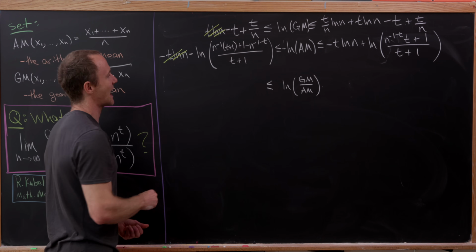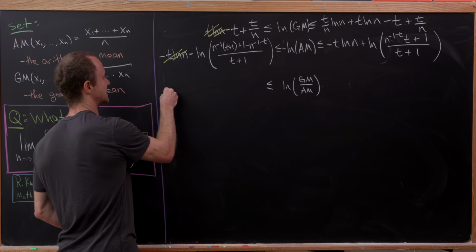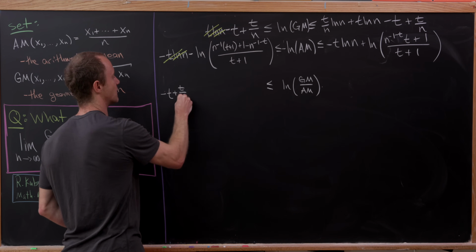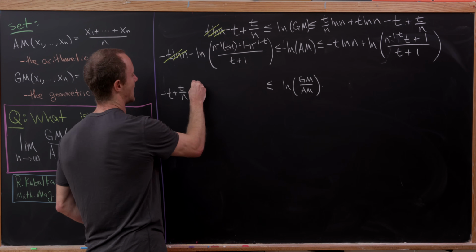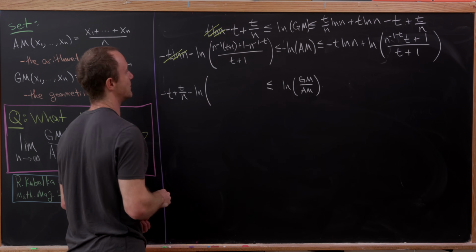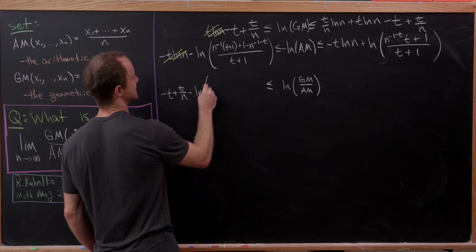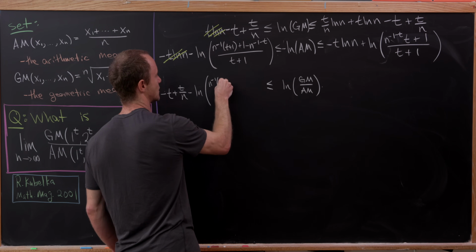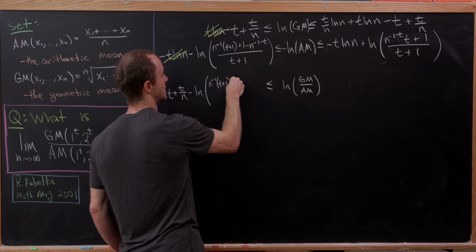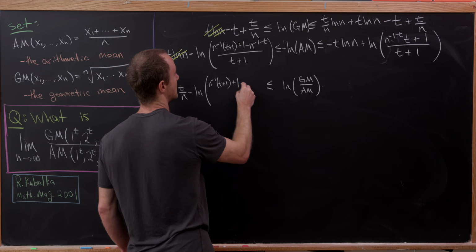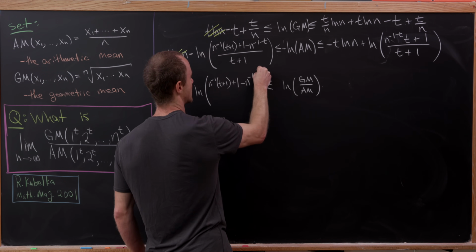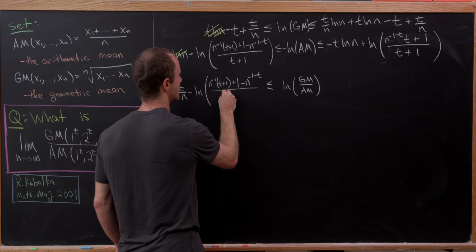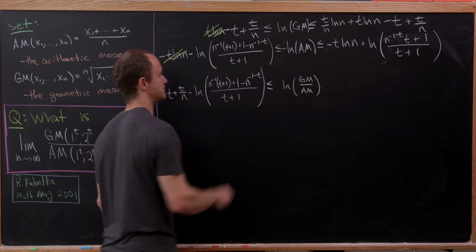And then after that, we'll have a minus t plus t over n, and then minus the natural log of a bunch of stuff. So let's see, that'll be an n to the minus 1 times t plus 1, and then minus n to the minus 1 minus t over t plus 1.